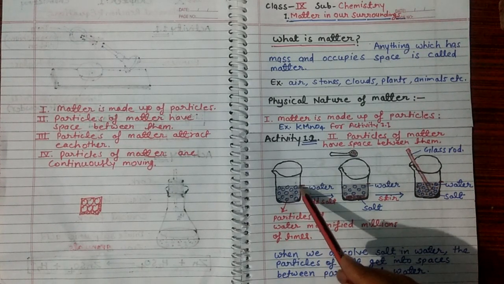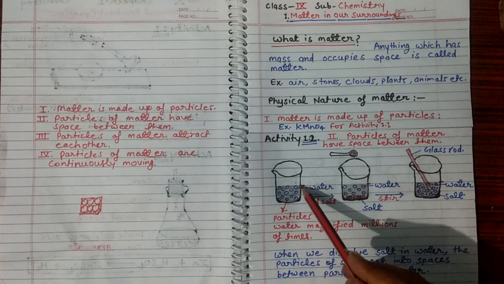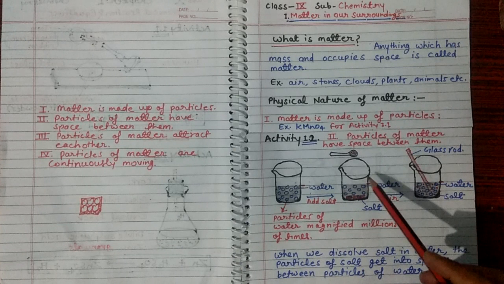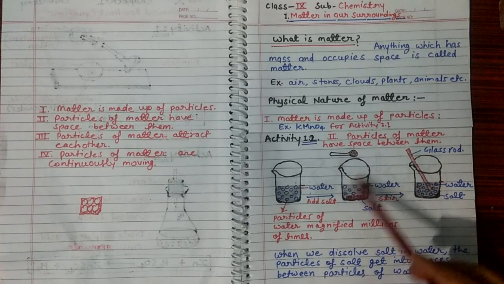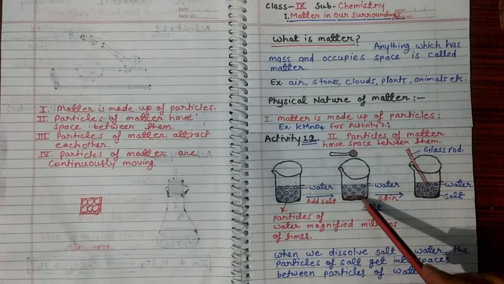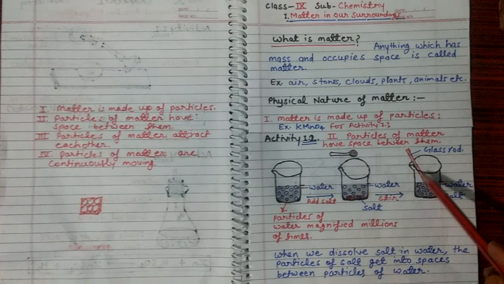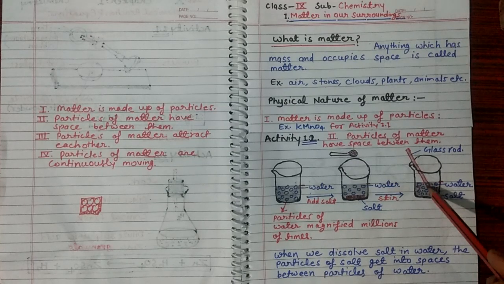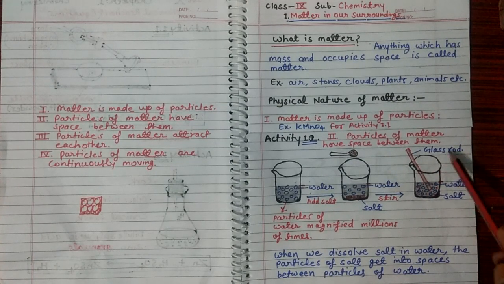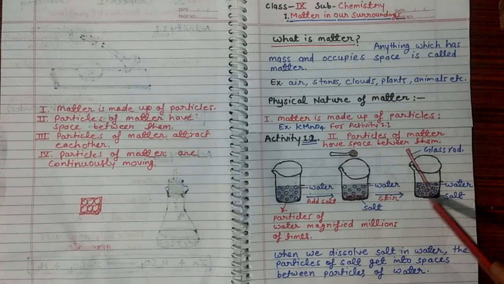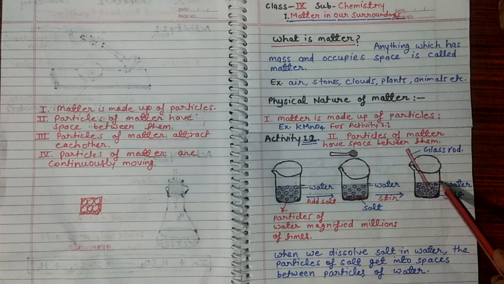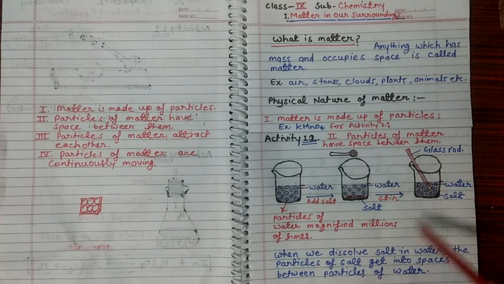After putting water in this beaker, we mark the volume here. In this beaker we add some salt and again mark the volume level, and using a glass rod we stir it, and again mark the level of volume.